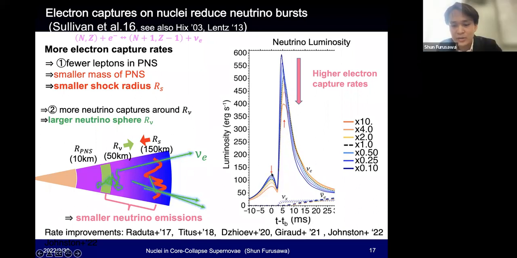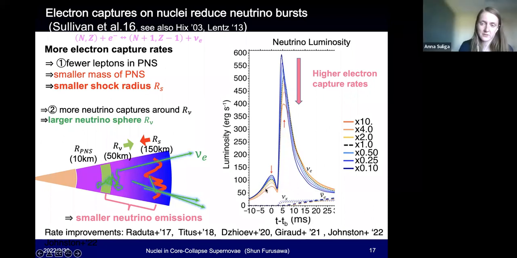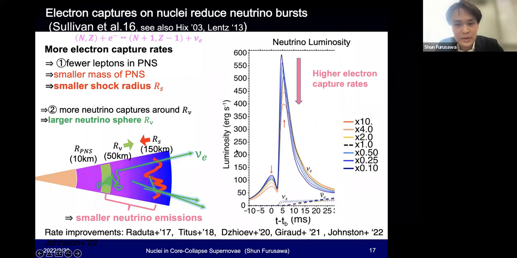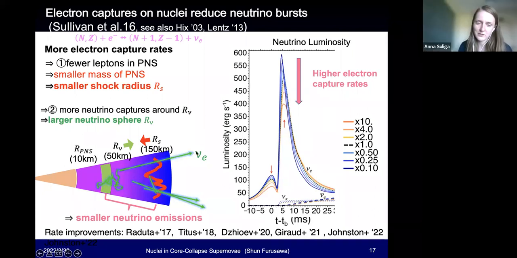Sorry, your question is about some sensitivity to electron capture rate. Yeah. Because I mainly thought that the height of the peak would be defined also by trapping of neutrinos, because you also trap depending on what is the composition of your core at that point.